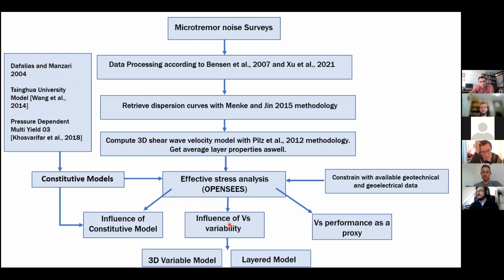We can assess the influence of variability of Vs by doing a 3D variable model and a layered model, and we can also analyze the performance of Vs as a proxy. And also we can constrain our modeling with available geotechnical and geoelectrical data retrieved in the research project.